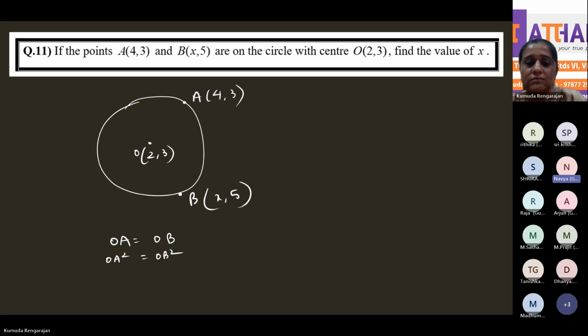Ma'am, is x equals 2? x is 2, is it? Yes, ma'am.